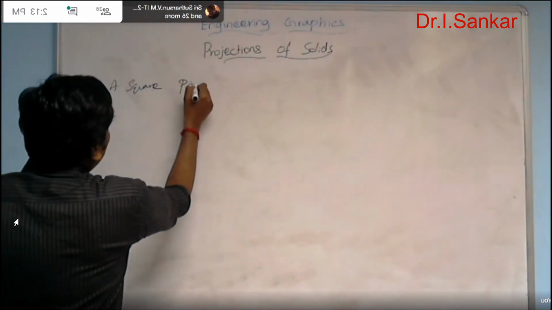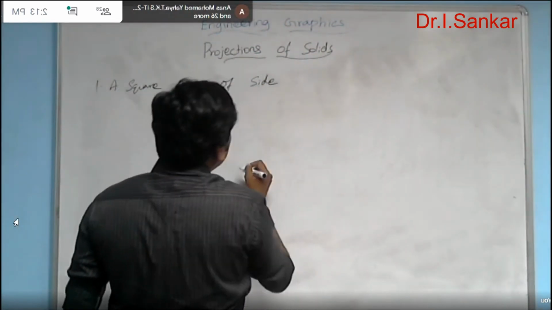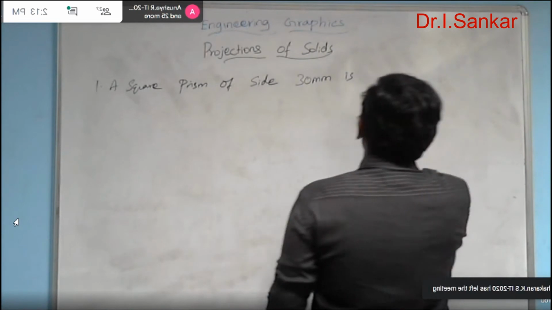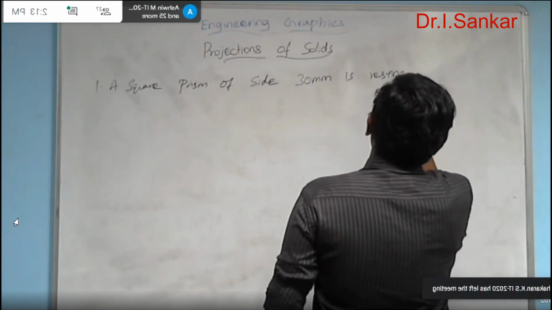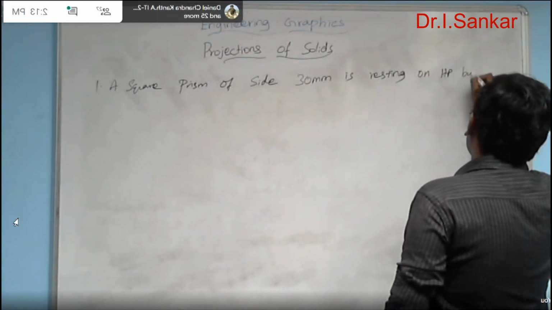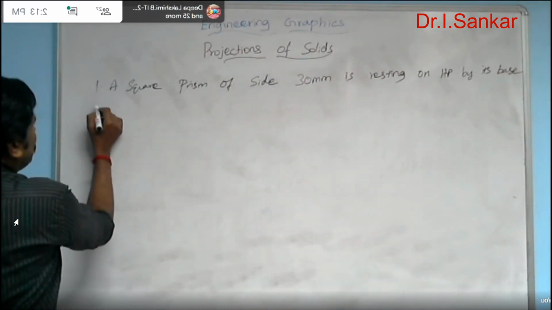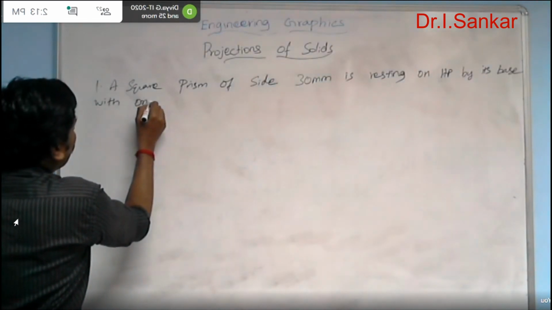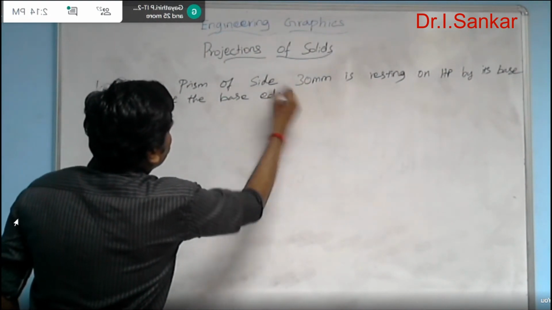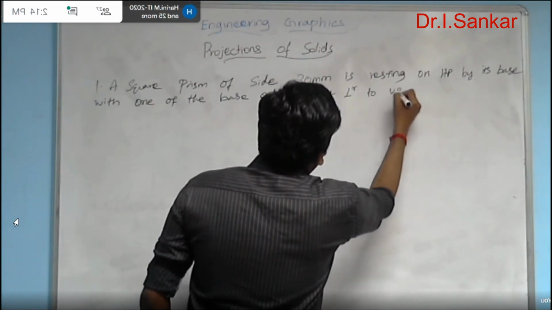A square prism of side 30 mm is resting on HP by its base, with one of the base edges being perpendicular to VP.